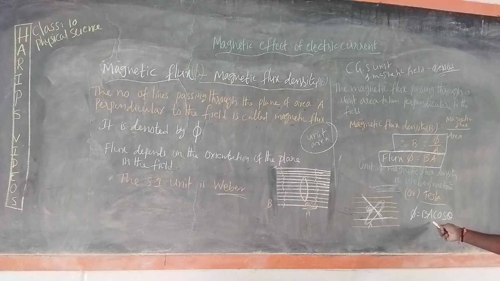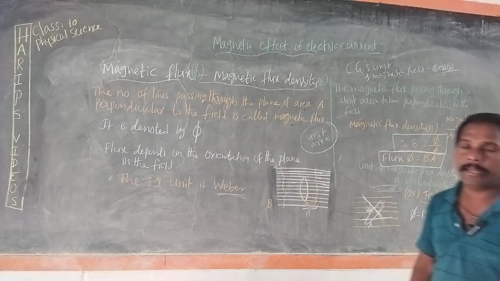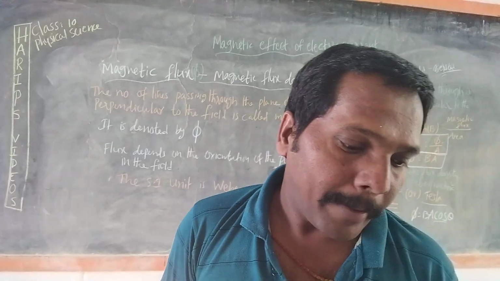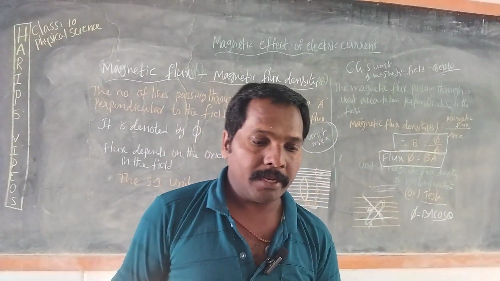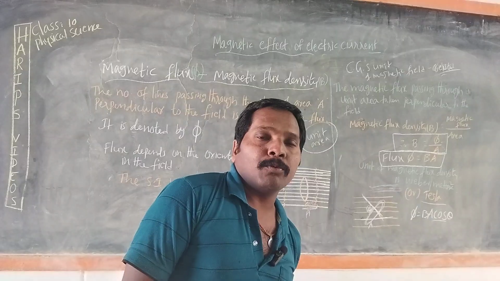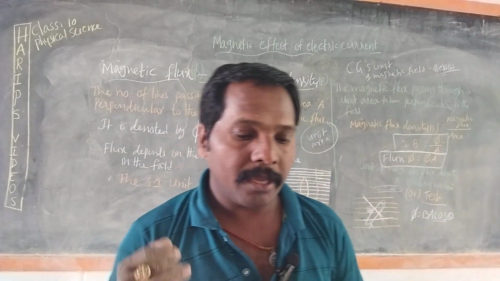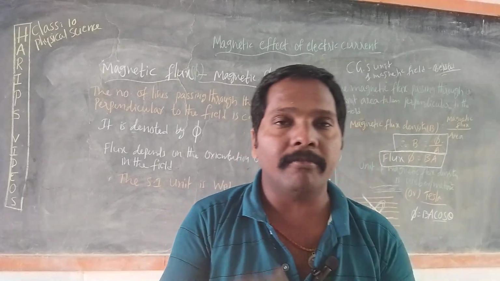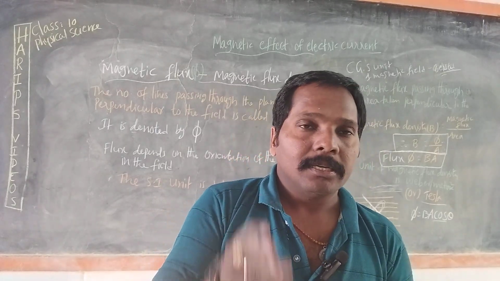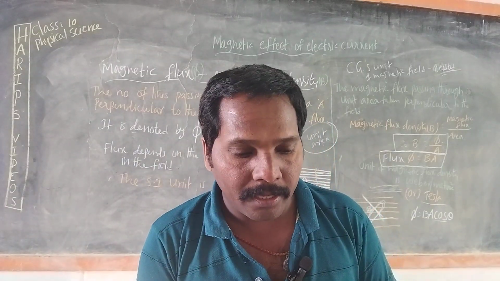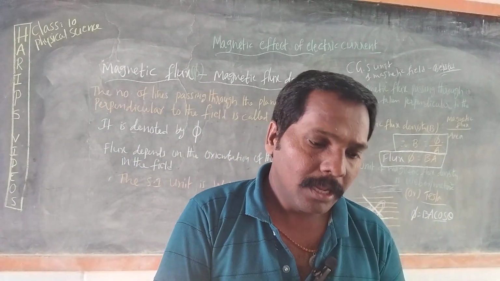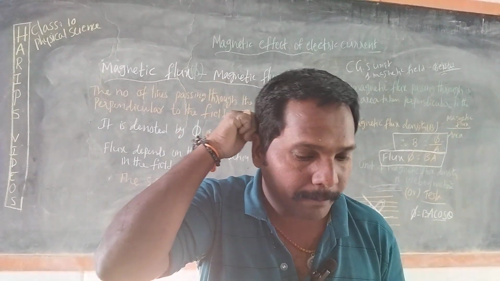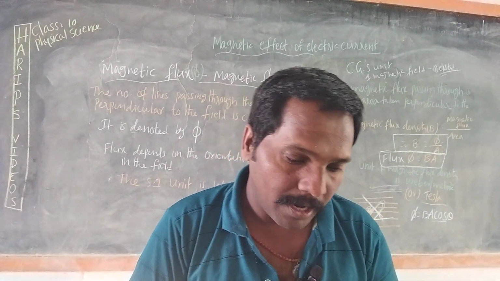BA cos theta. If the area is perpendicular, then we take cos theta. If the object is parallel, then we take sin theta. Sin value is considered if the object or the area is parallel, and cos value if the object or plane is perpendicular.